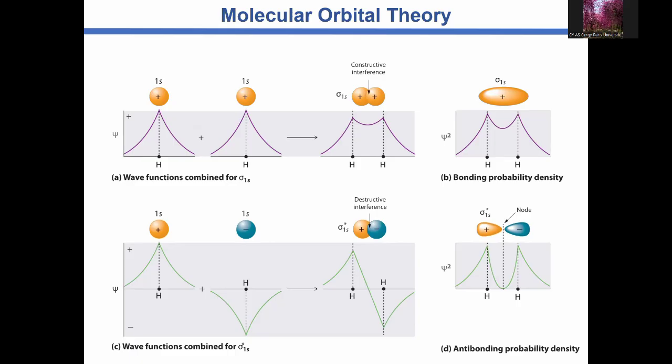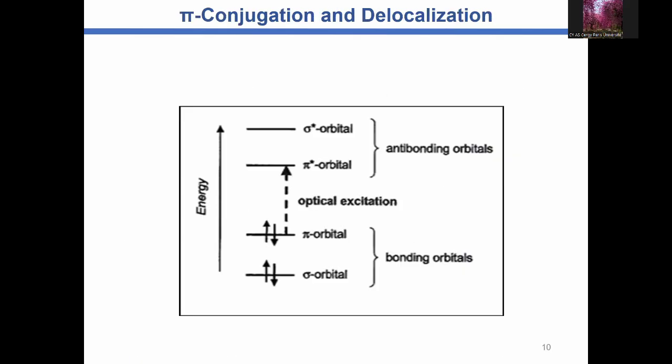So in terms of energy, to go to this orbital is quite high energy. Here I put to go to the sigma anti-bonding orbital of the sp2 hybridized carbon, it's quite high energy.